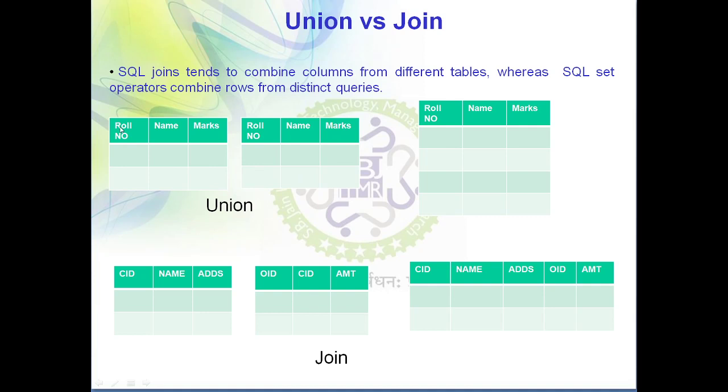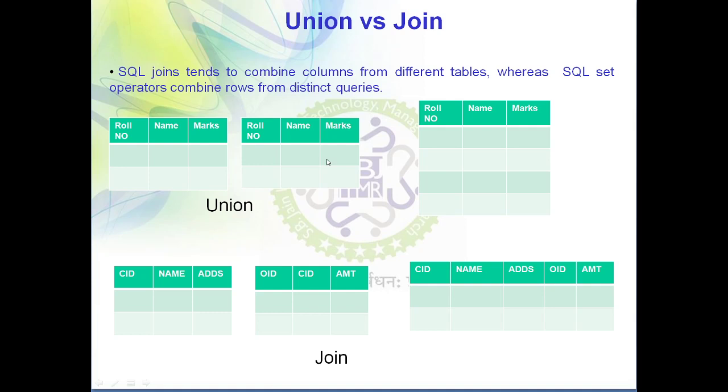Here you can see roll number, name, marks of the student. Suppose I consider two tables, student and student1. In the student table we have three attributes: roll number, name and marks. In the student1 table we also have roll number, name and marks. For example, the student table represents the marks of students in exam 1, and the second table represents the marks of students in exam 2.